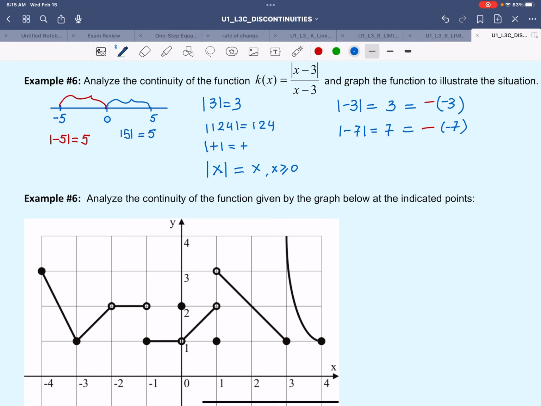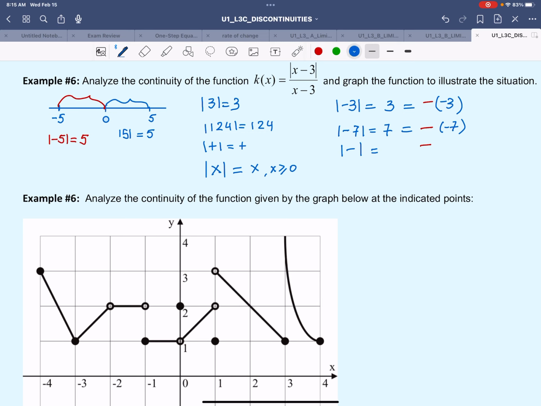So in general, if we have a negative number inside the absolute value, the answer is the opposite of that negative number. If the number is unknown, so we have the absolute value of x, providing that x is a negative number, then the absolute value of x is equal to the opposite of x, because remember that x is negative, and negative and negative make a positive answer.